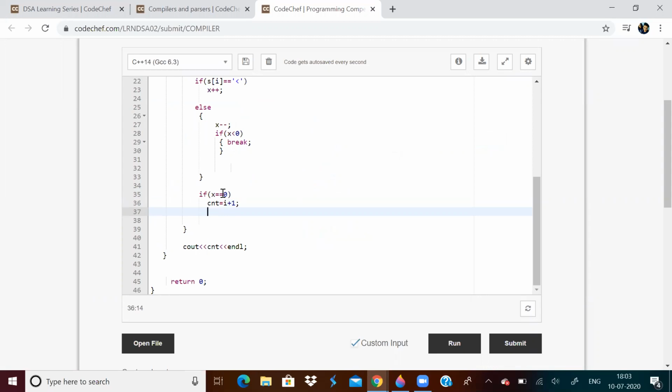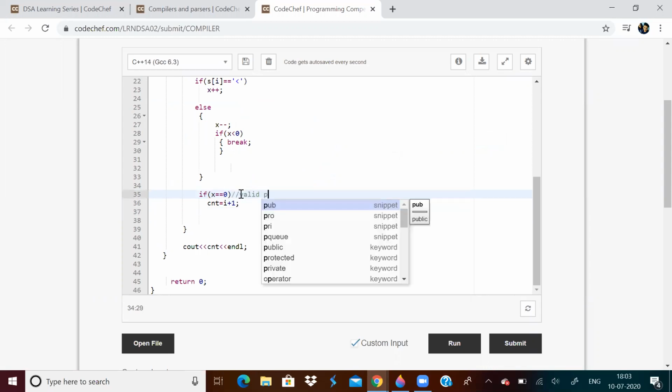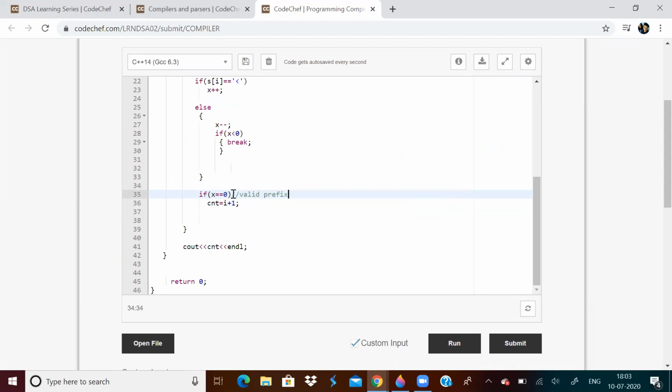Because as and when x becomes 0, that means it is a valid prefix. So I have to just output count. Count will represent the length of the valid prefix.